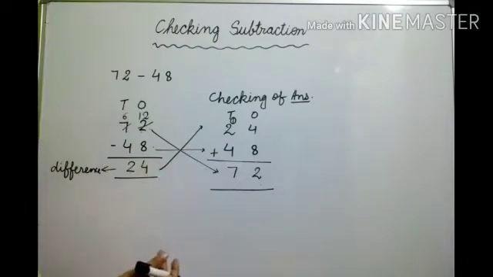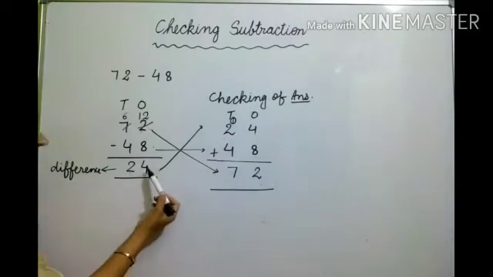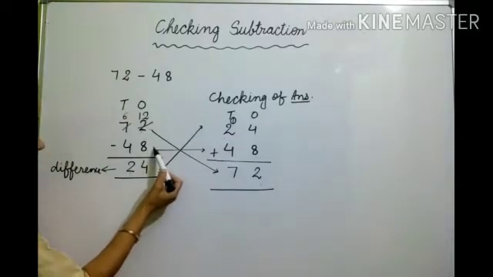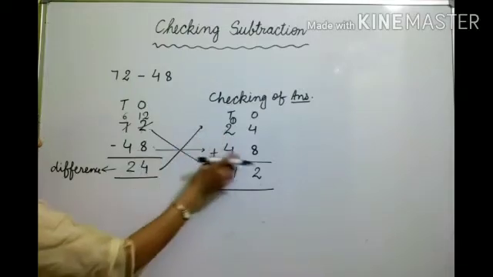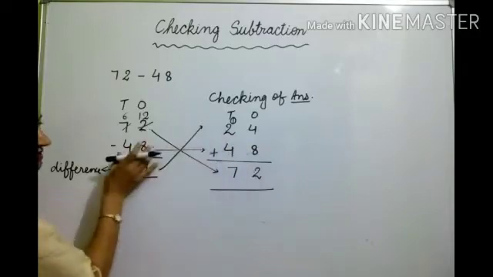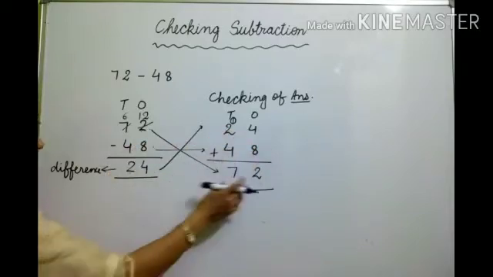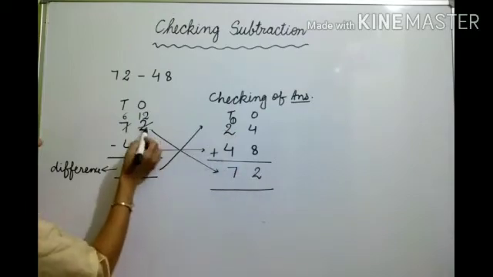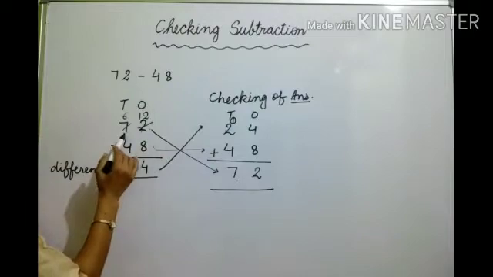Again I am telling, for checking of answer what we do, we add the difference and the number which we subtract. The difference you will write up and the number which we subtract right below it, and then add. We will find the same number from which we subtract, which was the larger number 72.